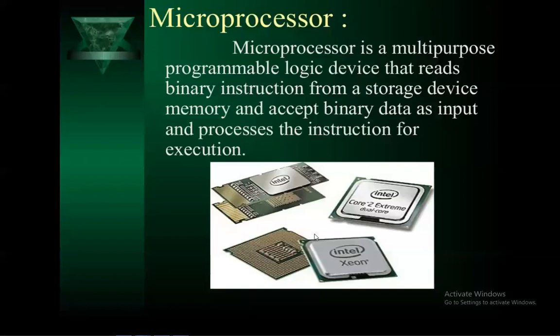Okay, so as per the textbook, how do we define a microprocessor? A microprocessor is a multi-purpose programmable logic device that reads binary instructions from a storage device (memory), accepts binary data as input, and processes the instructions for execution. Binary means either a 0 or a 1.